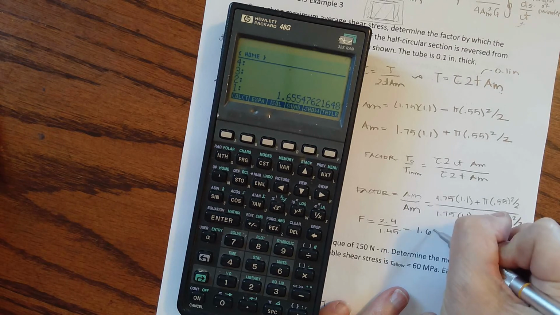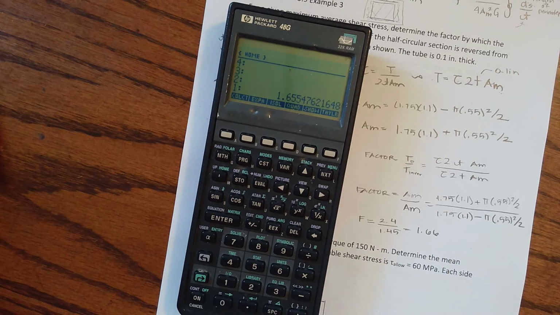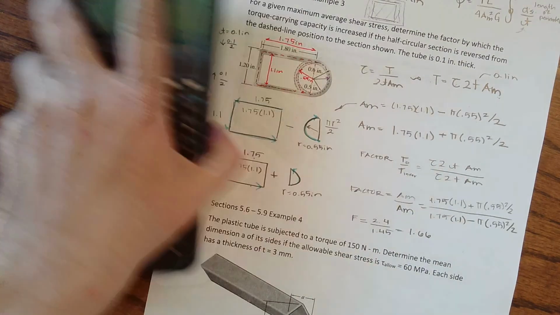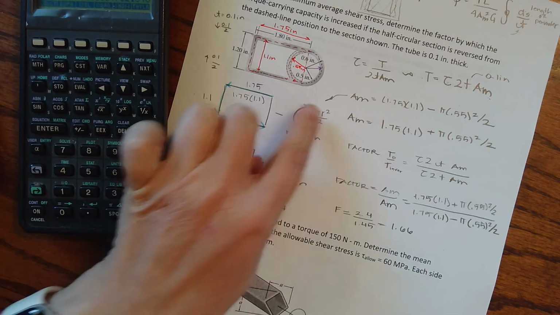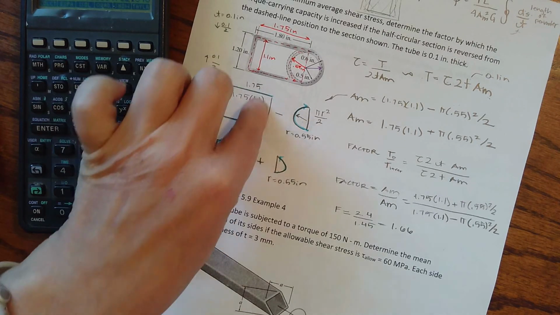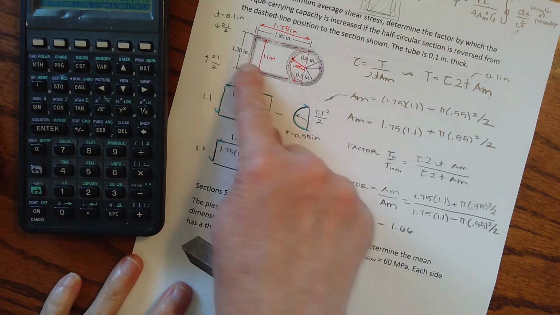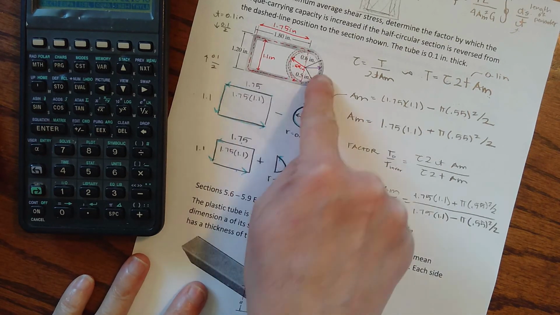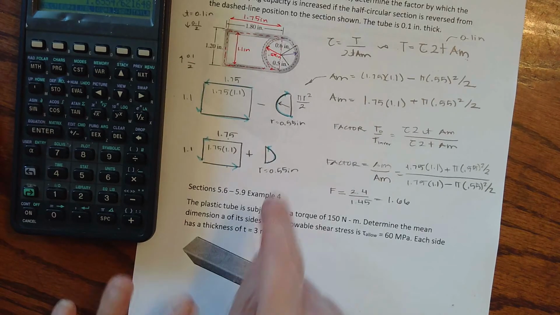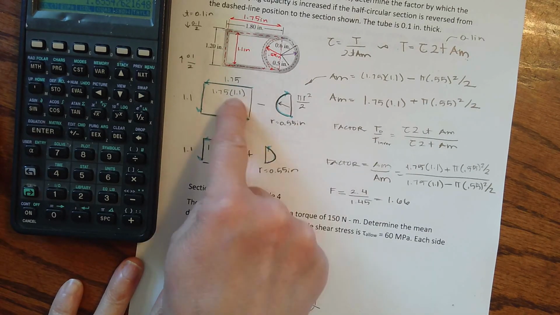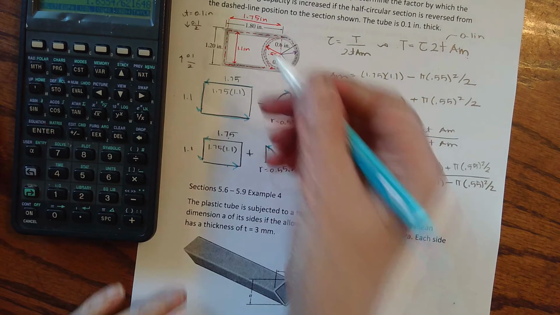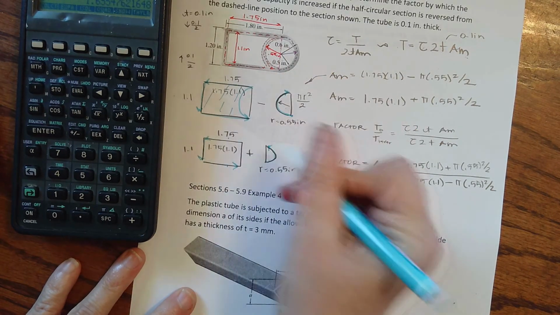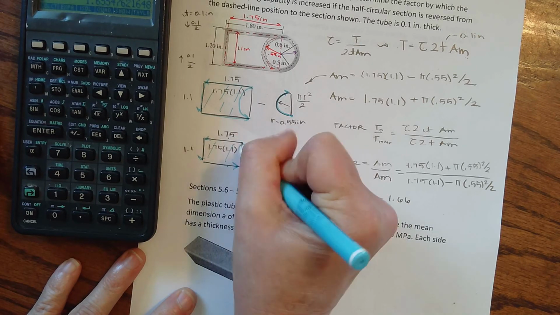So I've increased the capacity just by popping out that circle instead of reducing, because it's the same amount of material. It's the same amount of perimeter if we were looking at rotation, but what does change is how we have this area, because here we are reducing the area again, so it's going to look like this, and here we are increasing that area, so it's all of this plus that.